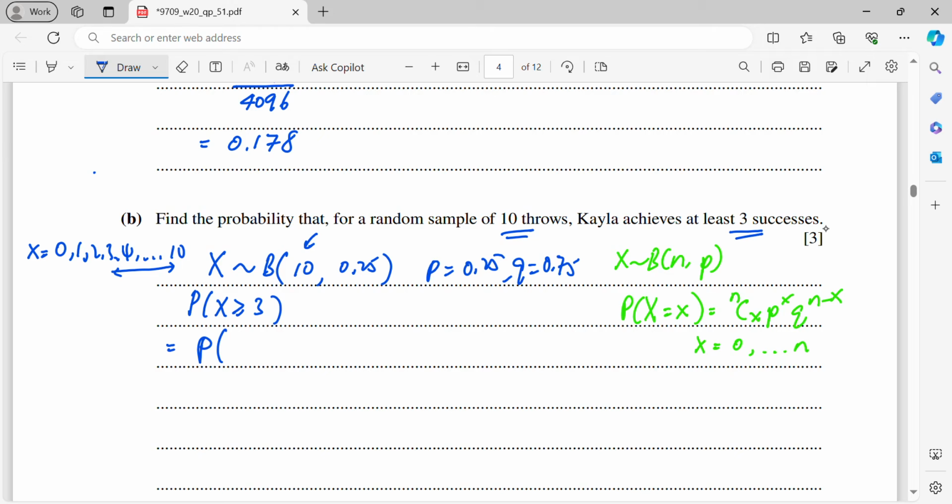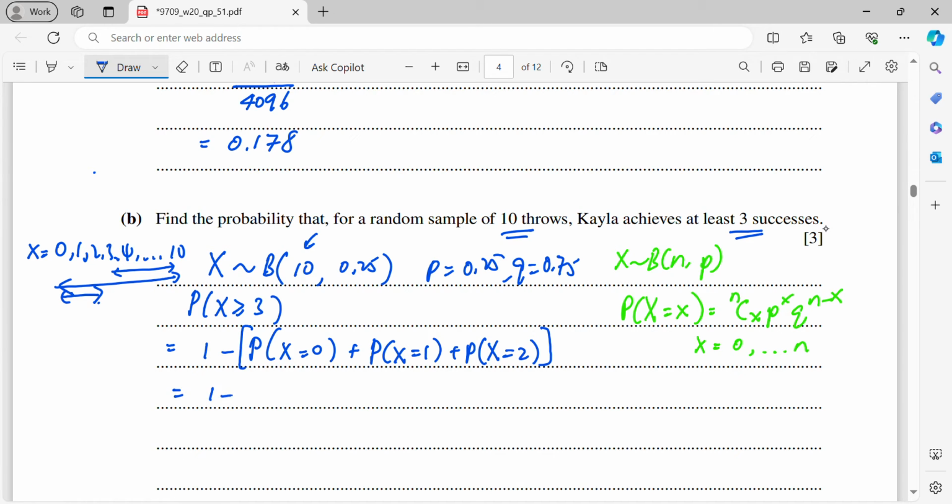So it's a lot. Therefore, I will just use total probabilities, 1 minus the previous. So I will not directly calculate, but I will use 1 minus P(X = 0 until 2). Then just use the formula.